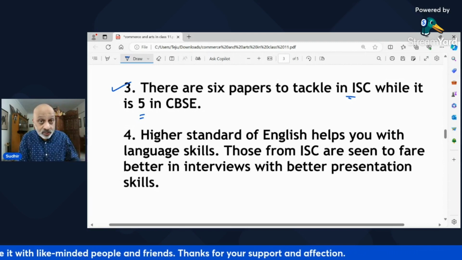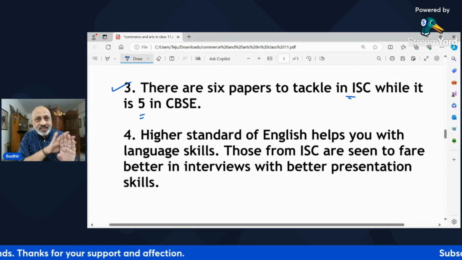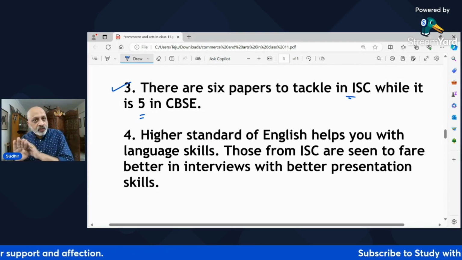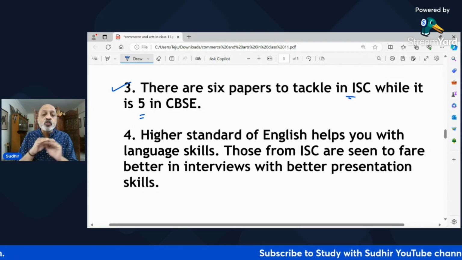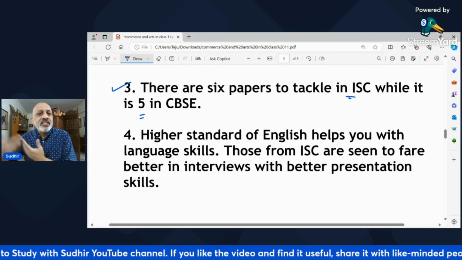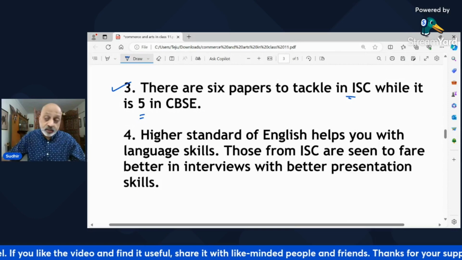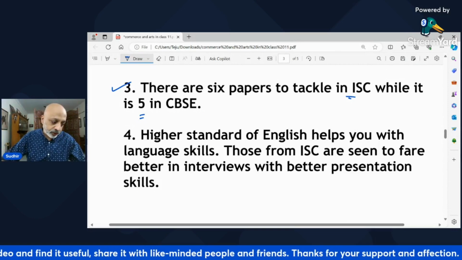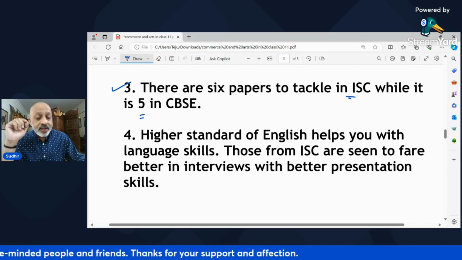I'm not saying CBSE students are bad, but if you compare, say, 10 students of CBSE with 10 students of ISC, you may find a higher percentage of ISC students with better presentation skills, not because of anything else, but basically because their syllabus is structured in such a way that their presentation skills over a period of time get better. That's all. This is not to say that CBSE students nahi kar sakte hain and all that. So based on these 4 points, you need to take a call.